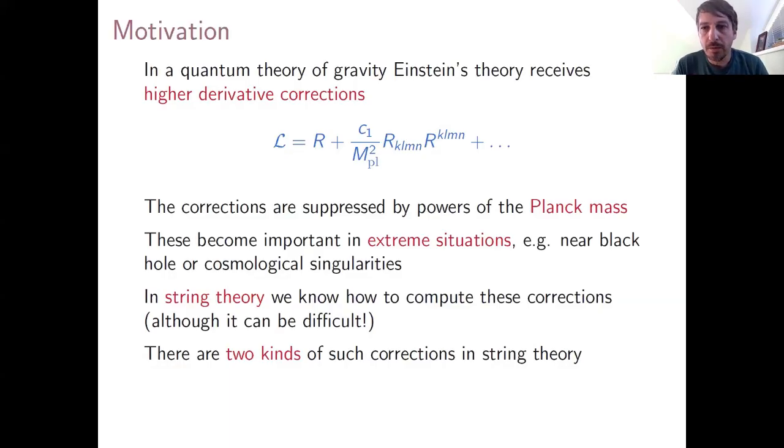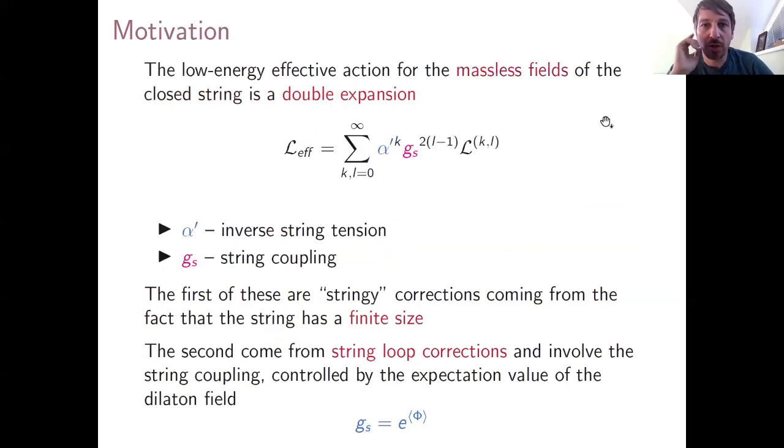Now, in string theory, we know how we can compute these corrections. Although it can be very difficult, we know in principle exactly what we have to do to calculate all these corrections. In fact, in string theory, there are two kinds. These corrections come in two families, basically. And the low energy effective action of the massless fields of the closed string organizes itself into a double expansion.